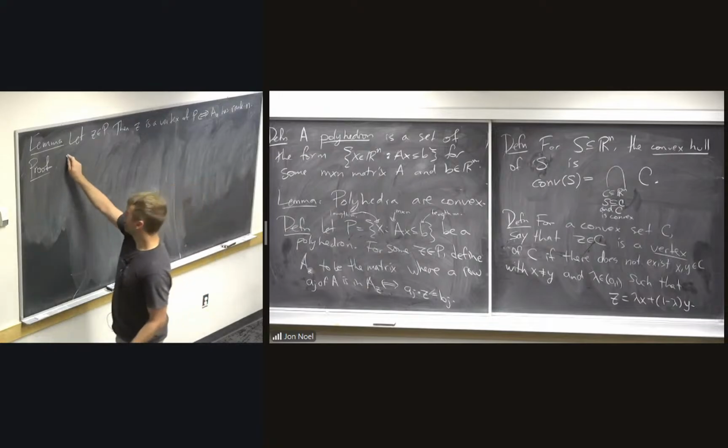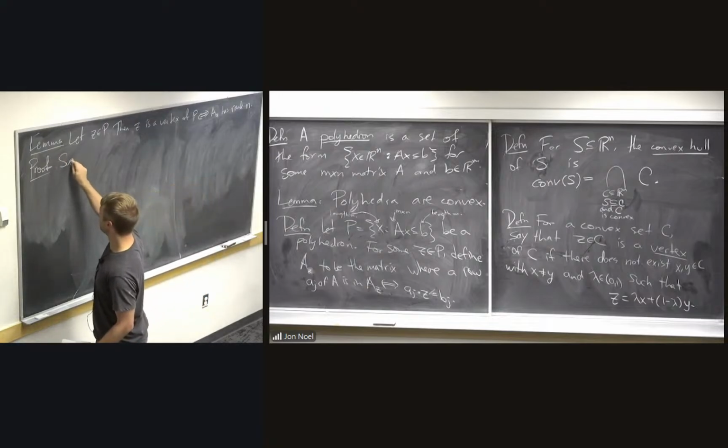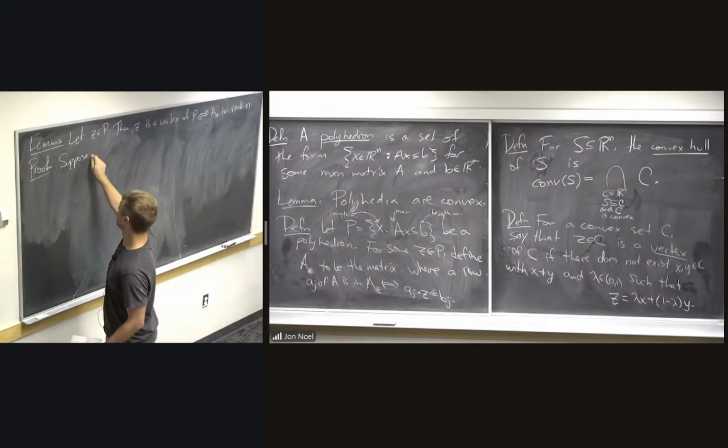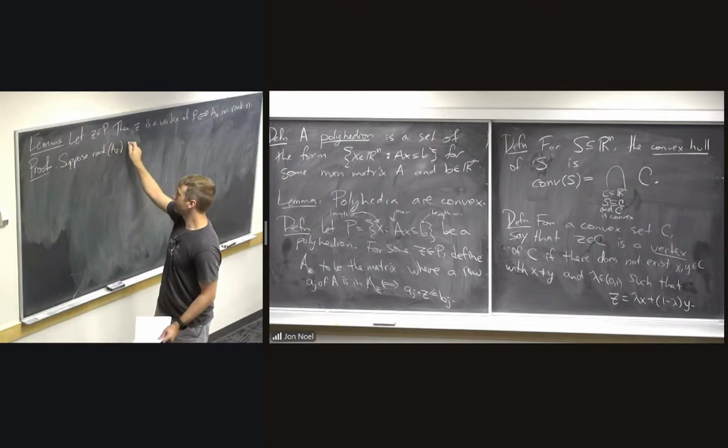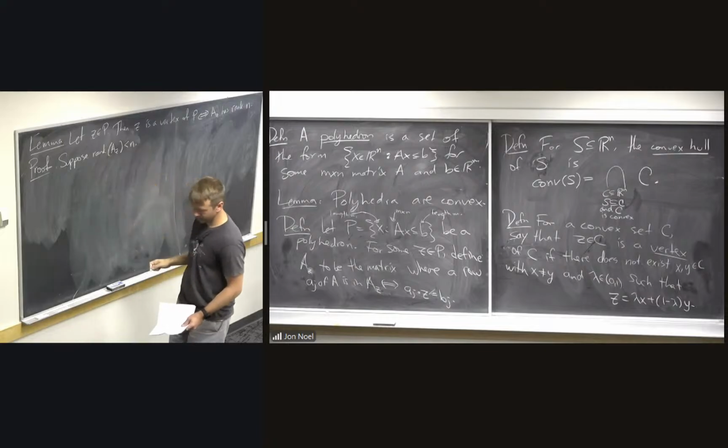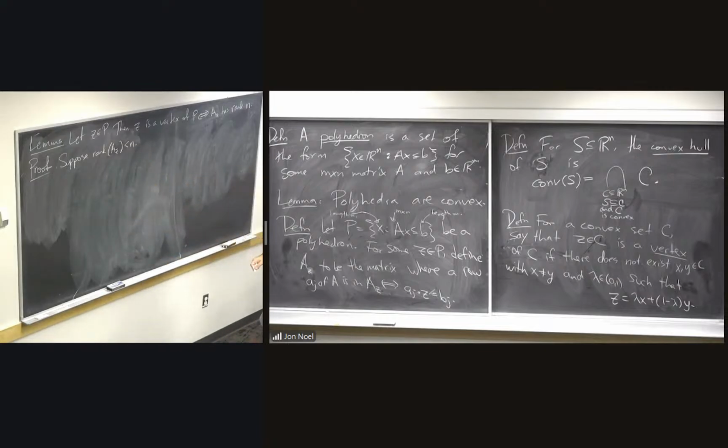Okay, so for one direction, let's suppose that the rank of AZ is less than n. By the way, the rank can't be bigger than n because this has n columns, so it's either equal to n or less than n.